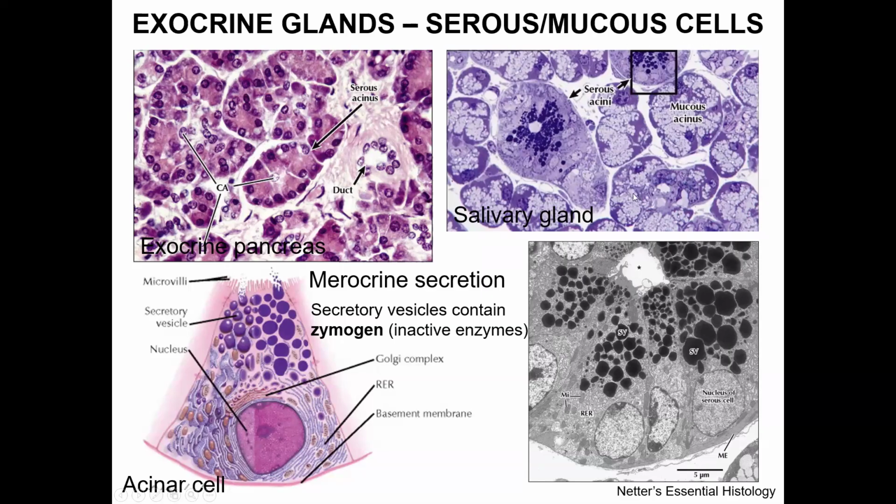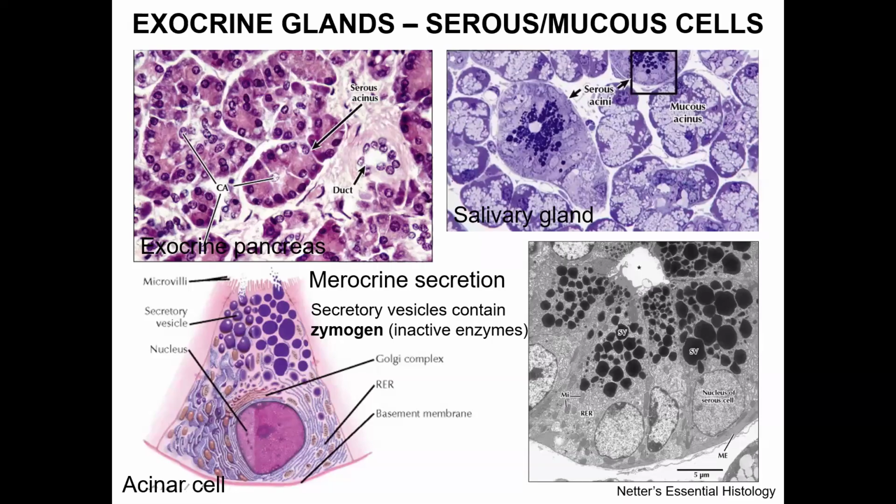These are examples from a salivary gland where there are serous acini and mucous acini. Some of them are almost entirely mucous acini. The mucous cells don't stain well with H&E because they contain a sugary secretory product.